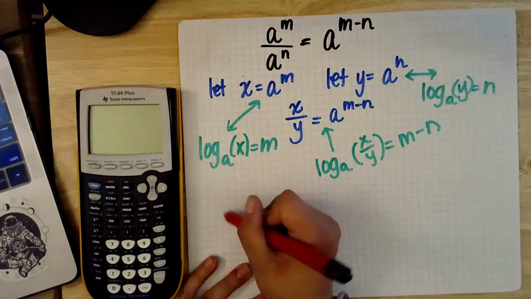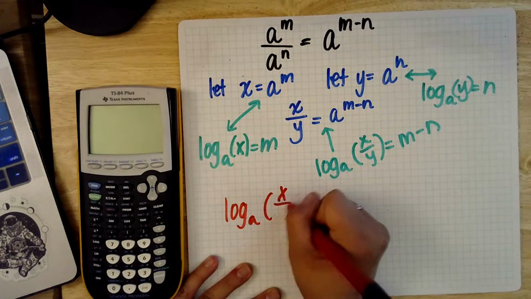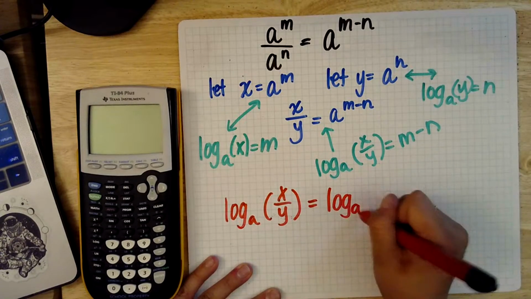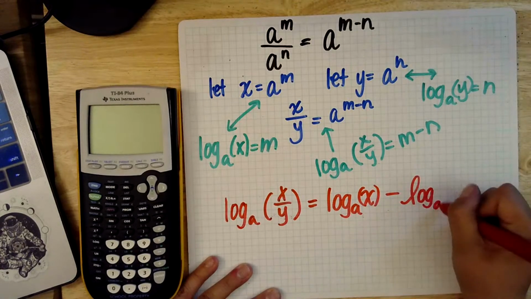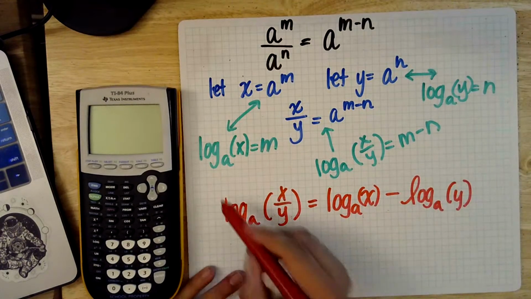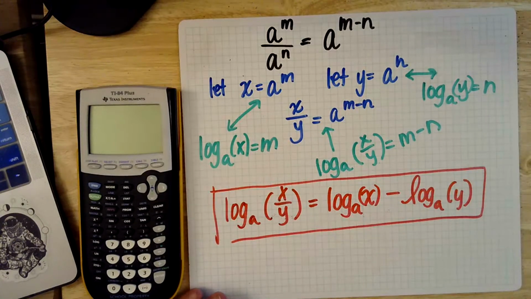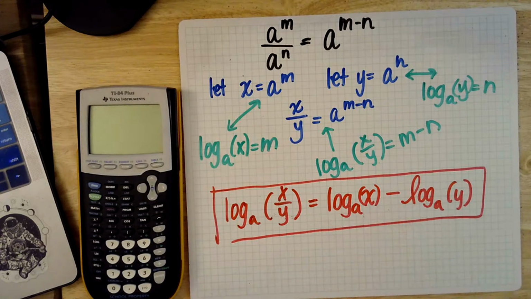I'm going to simplify, so I now know that log a of x over y is equal to log a of x minus log a of y. So what does the rule say? When I'm dividing inside a log, this expands into subtraction. So that quotient relationship is still there, okay?